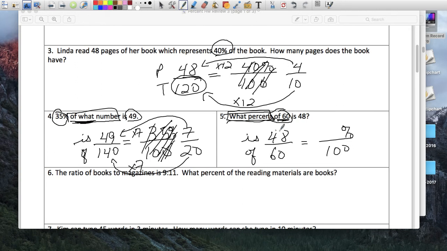So if I divide 48 by 12, I get 4. I'm dividing by 12, by the way, okay? 48 divided by 12 is 4, and 60 divided by 12 gives me 5. Good. Is there a relationship from 5 to 100? Yes. Times 20. So on top, it's going to be times 20, which is going to give me 80.